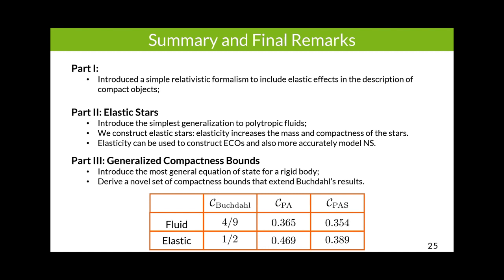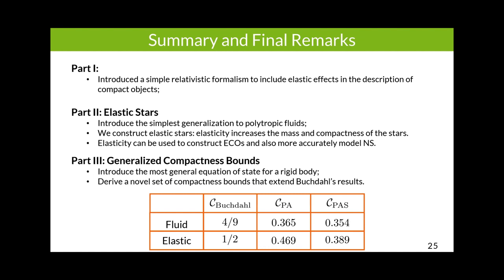And in the third part of this talk, I showed you our results on generalized compactness bounds in general relativity. These compactness bounds can be summarized in this table here. The Buchdahl limit that we obtain for a fluid moves from 4/9 to 1/2.